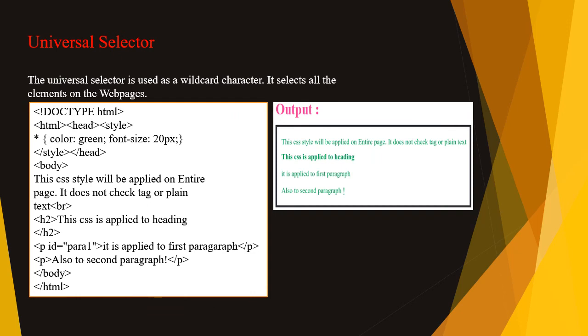Next is the universal selector. The universal selector is used as a wildcard character, that is star or asterisk sign. It selects all the elements on the web page. So asterisk, here color green, font size 20 pixels. This style is given; the semicolon should not be there.